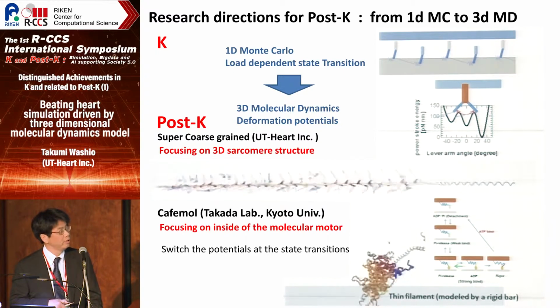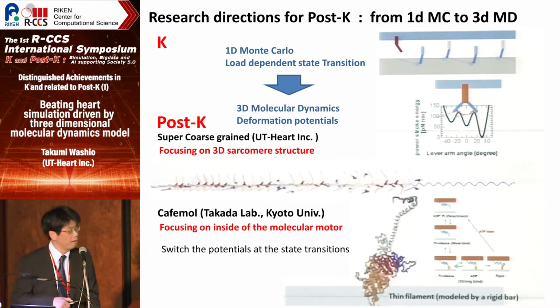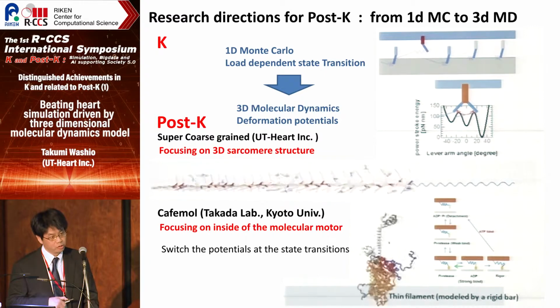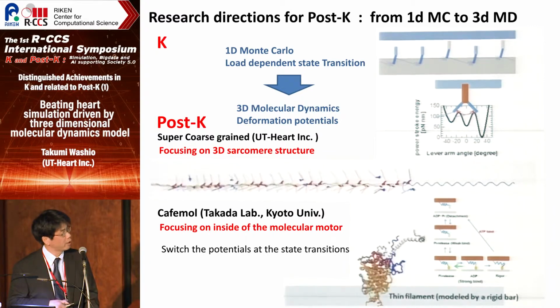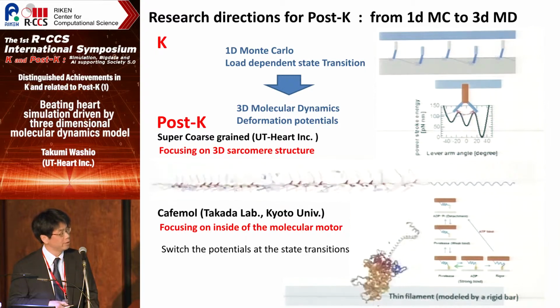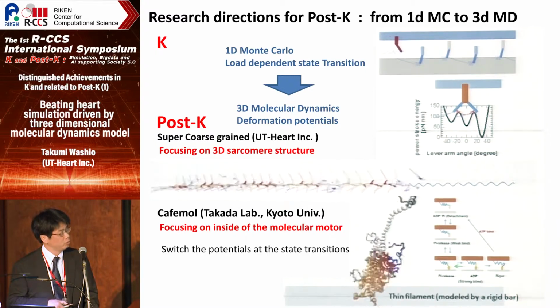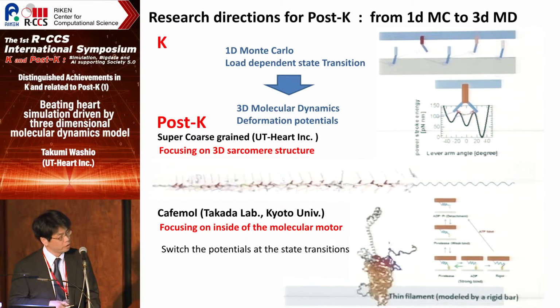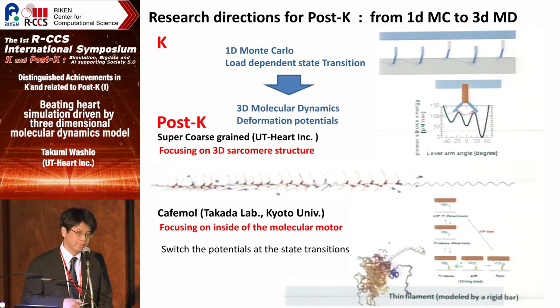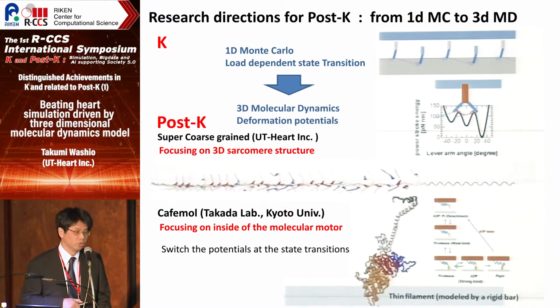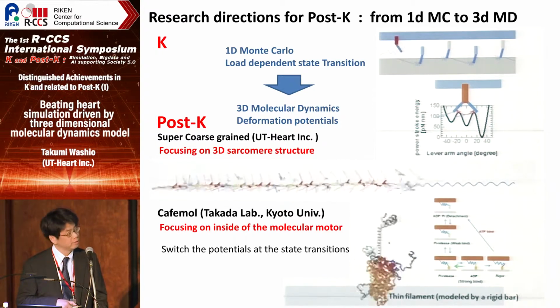The second direction of our approach is using a more detailed 3D molecular model, CAFEMO, which was developed by Takada Laboratories at Kyoto University. From these approaches, we expect that we can analyze the relationship between heart disease and the genetic mutations of molecular motors.